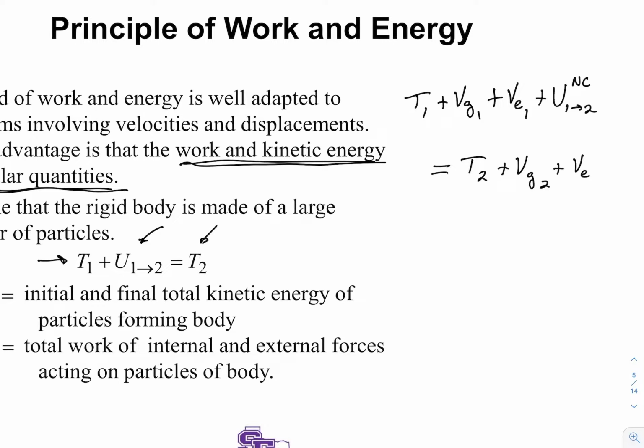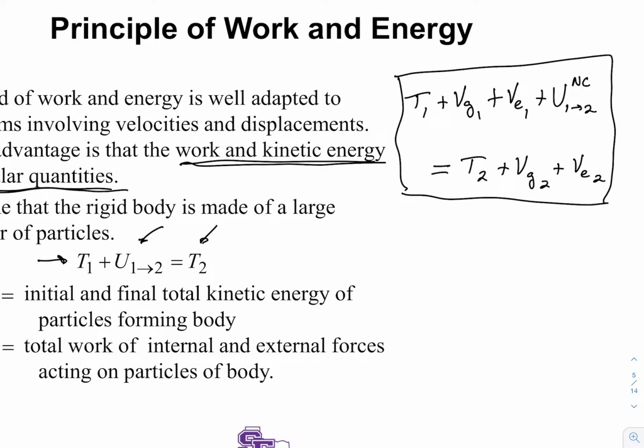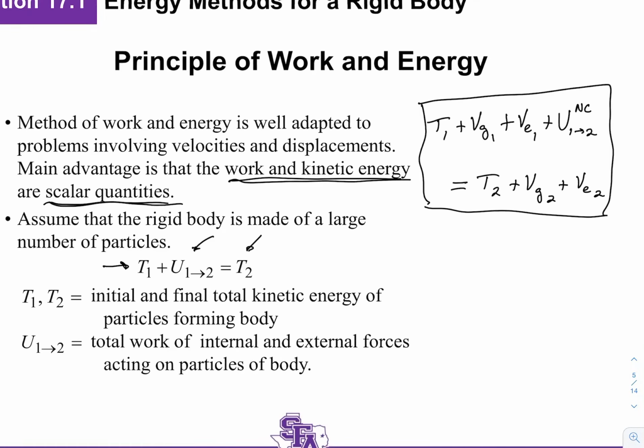That's going to equal my second kinetic energy, T2, plus my ending gravitational potential energy, plus my second state elastic potential energy. These non-conservative forces are almost always assumed to be taking away energy from your system. That's why I put it on the left-hand side of the equation.